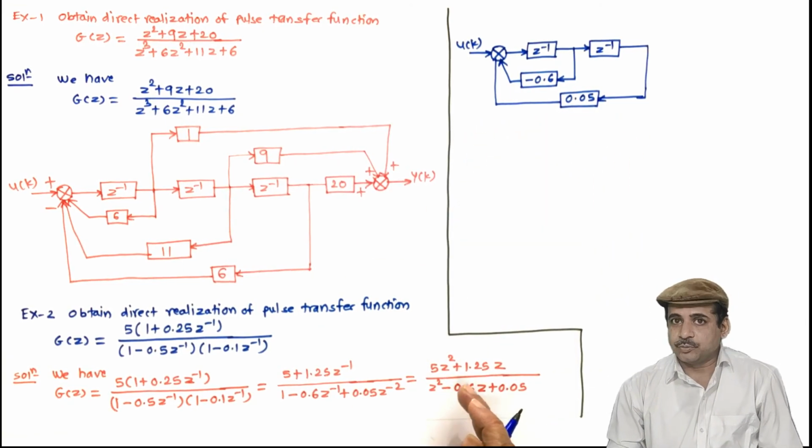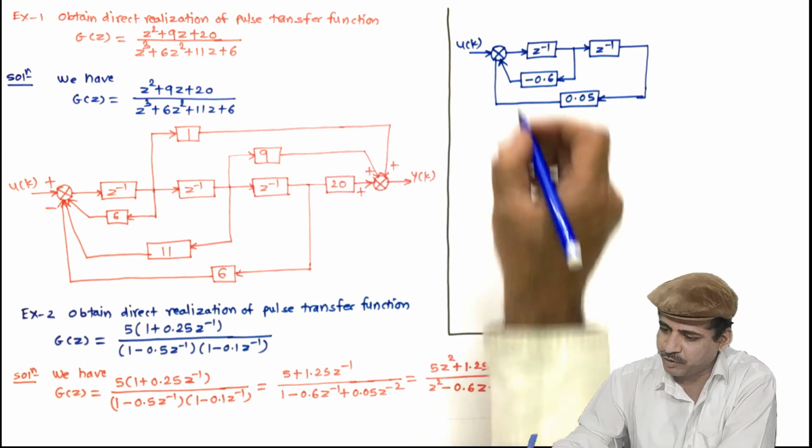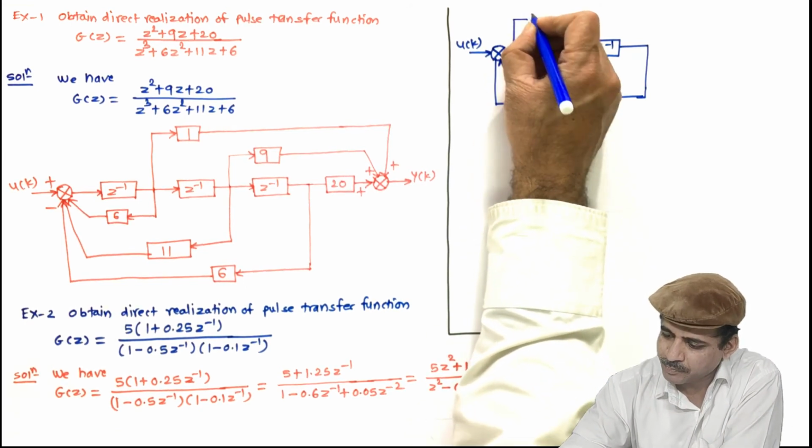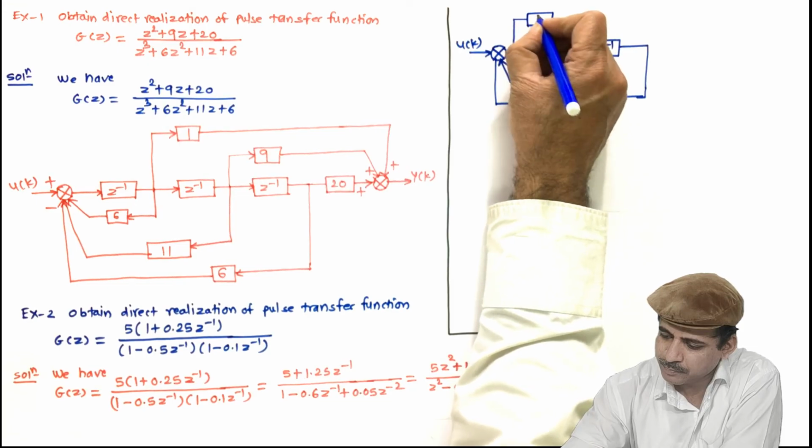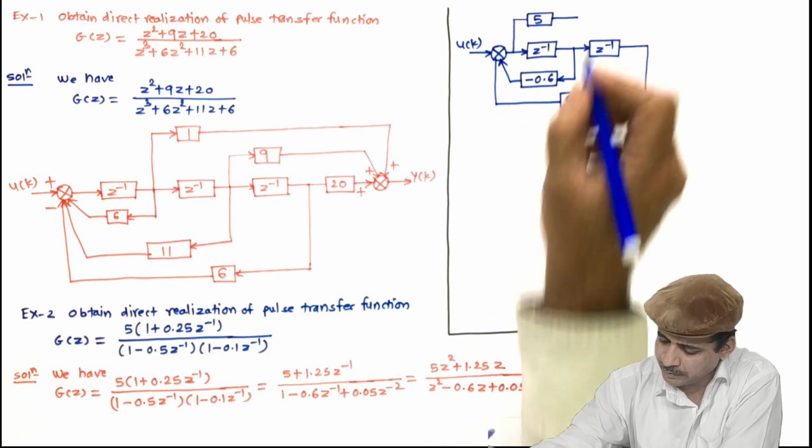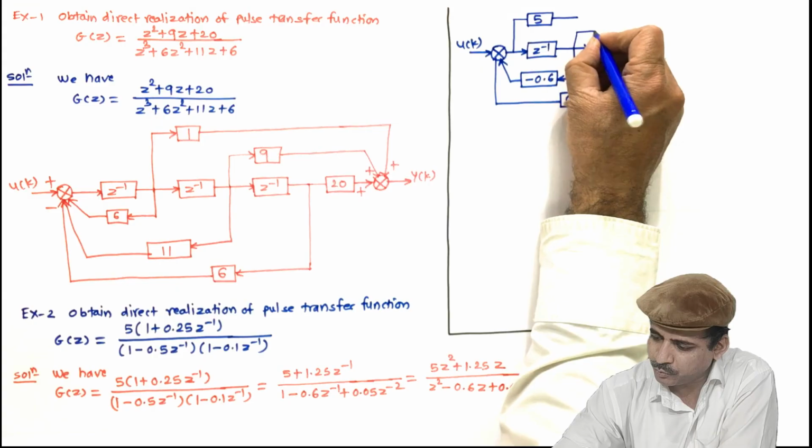And now the realization of the numerator. So the coefficient of z square is 5 and the coefficient of z is 1.25.